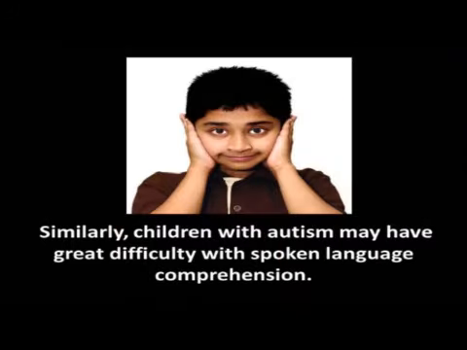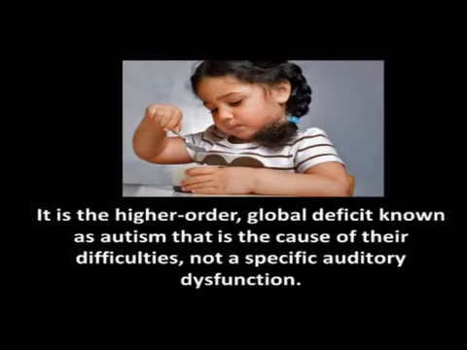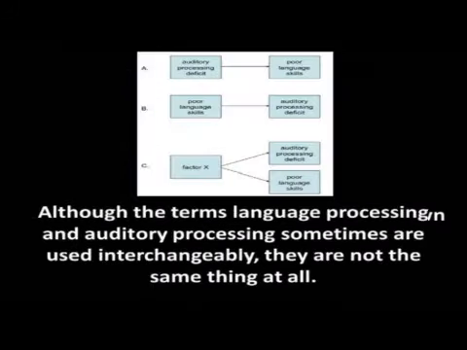Similarly, children with autism may have great difficulty with spoken language comprehension. However, it is the higher order global deficit known as autism that is the cause of their difficulties, not a specific auditory dysfunction. Finally, although the terms language processing and auditory processing sometimes are used interchangeably, it is critical to understand they are not the same thing at all.